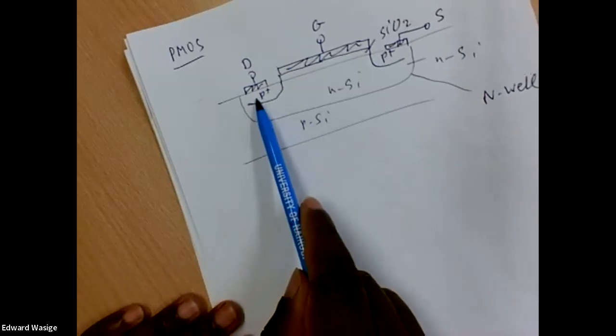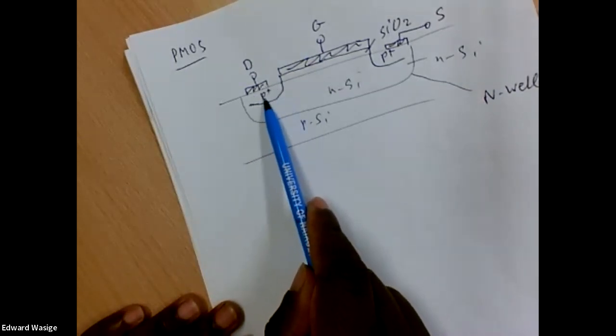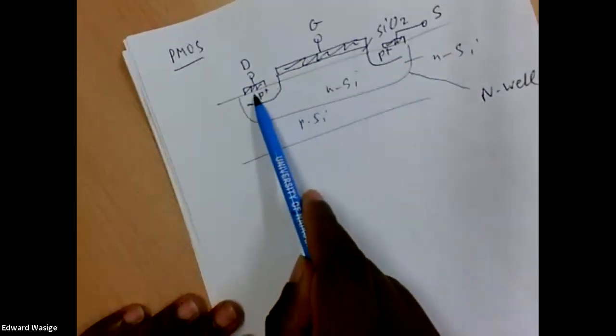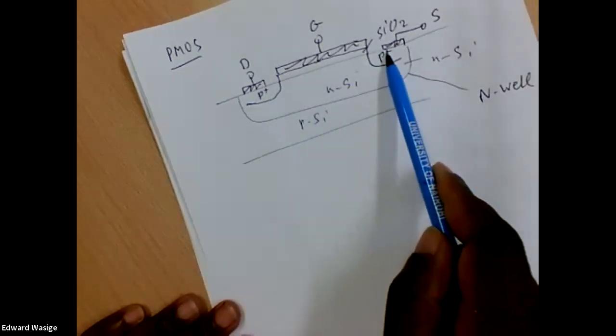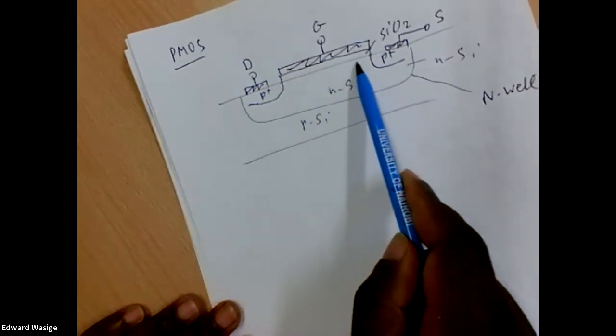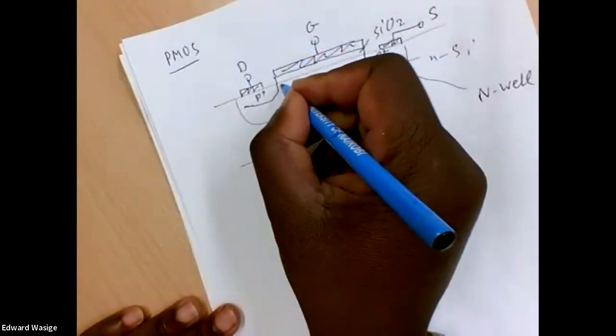We make an N region within the P silicon substrate, because the substrate that we start off with is P-type, but we want to make a PMOS device. The PMOS device uses holes, so we need this to be P-type, because eventually we want to attract holes here, and they connect the two main electrodes for the current to flow.